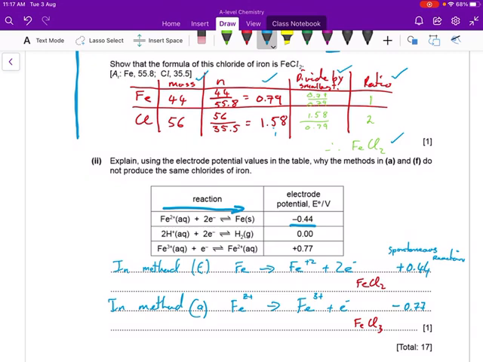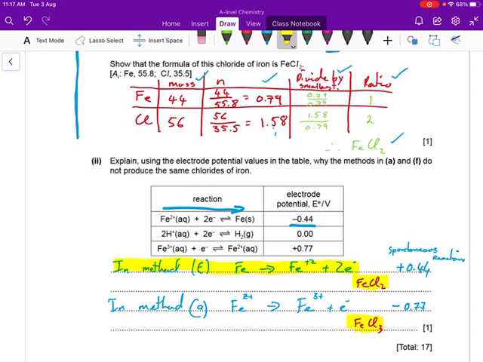So what happened in F? In F, this was the chloride that formed. In A, this was the chloride that formed. It said, explain using the electrode potentials in the table why the methods in A and F do not produce the same chlorides. Okay, so why would they not produce the same chlorides? We need to think about my electrode potential. In F, this is the reaction that we're looking at actually.